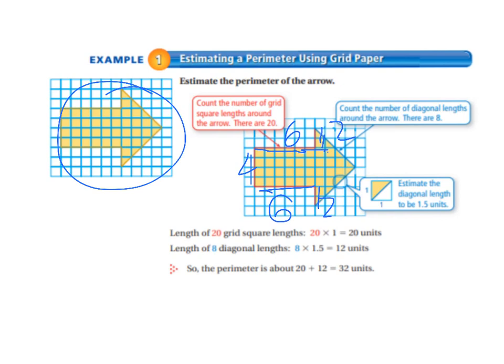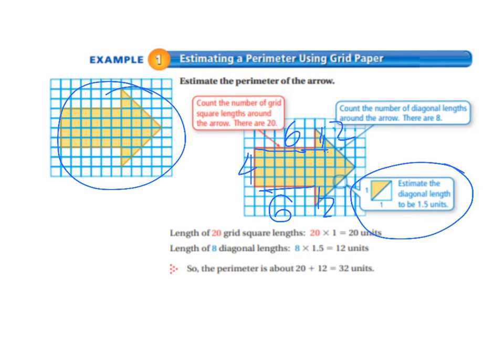And then what's problematic here is these slanted sides. If we look at this box, it says estimate the diagonal length to be 1.5 units. They've sort of exploded that for you, and you can tell that it's longer than 1 unit because it's going diagonally across the box.